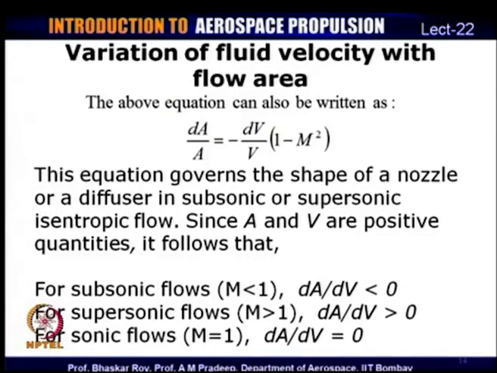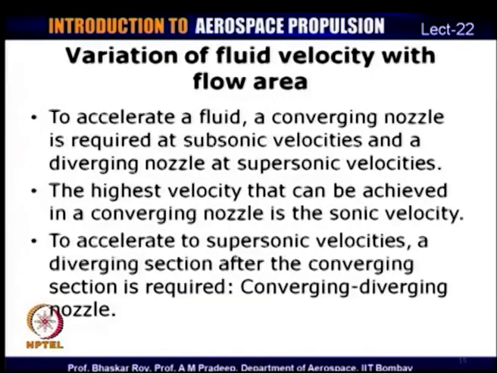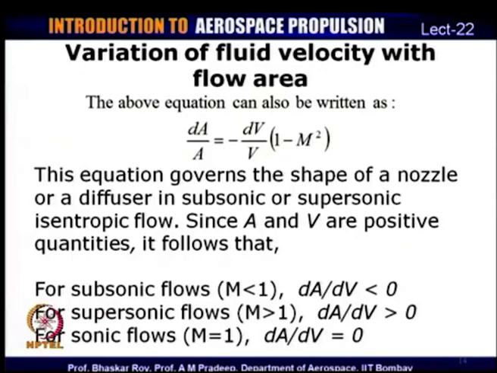So, we will try to understand the implication of the rate of change of area with velocity depending upon the Mach number. As Mach number changes, there are changes in velocities with reference to changes in areas. From this equation it follows that to accelerate a fluid in subsonic flows you need a converging area, that is, a decrease in area, because for Mach numbers less than 1, dA by dV is less than 0.